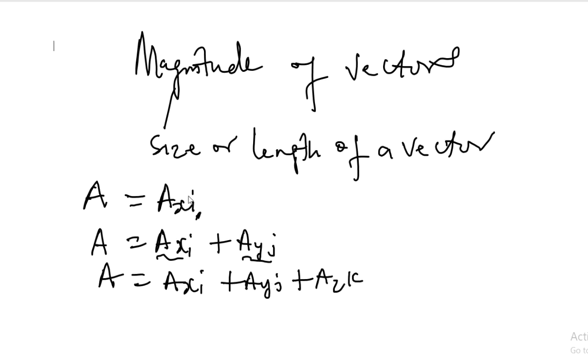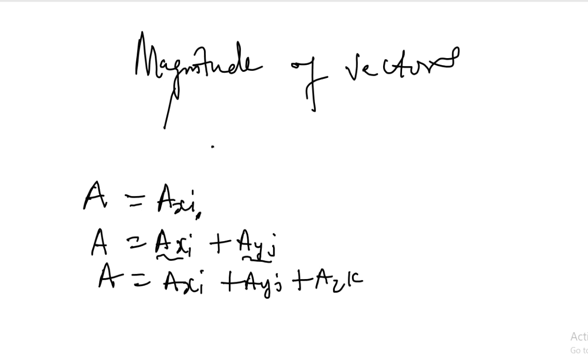So we can find the magnitude or the size of each of the vectors. For instance, if we have the y-axis and the x-axis, this is AXI, and this is AYJ. So we can find the magnitude of these two vectors.